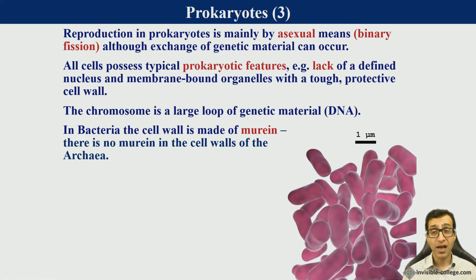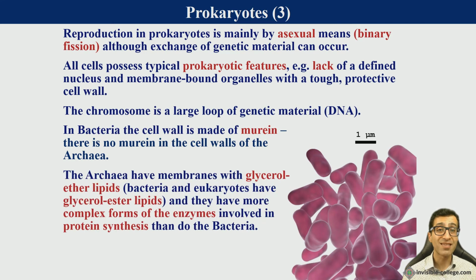So the archaea have membranes made up of glycerol ether lipids. Now, bacteria and eukaryotes have membranes which are made up of glycerol ester lipids, in other words, phospholipids.